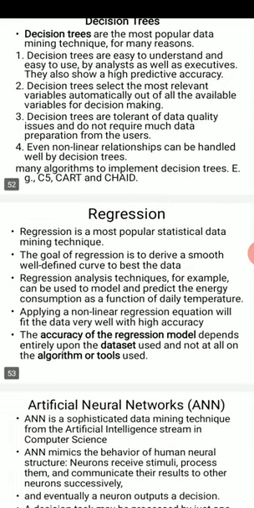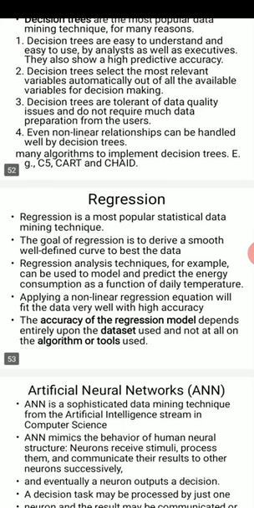The goal of regression is to derive some smooth, well-defined curve to best fit the data. So regression analysis, for example, can be used to model and predict the energy consumption as a function of a daily temperature. So based on the daily temperature, what is the energy consumed can be computed and we can draw a curve.